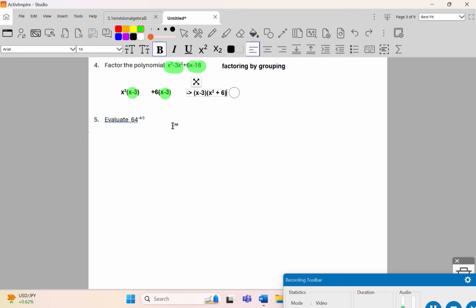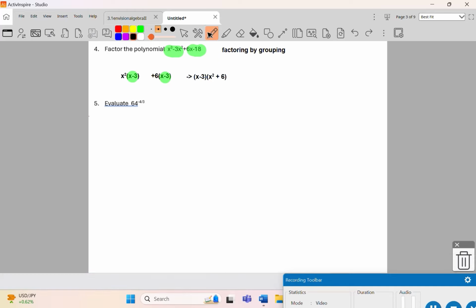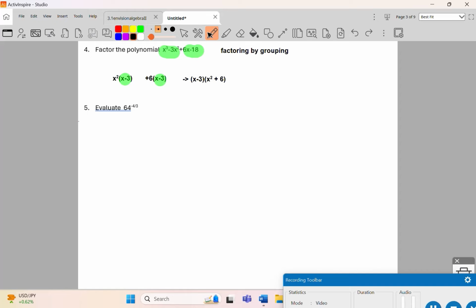All right, moving on. We have this on evaluation. Evaluate 64 to the -4/3. And I know how you feel about this, but you're supposed to understand exponential rules. First thing is the exponent is negative. That's your first mistake. All right, this is 1 over 64 to the positive 4/3.